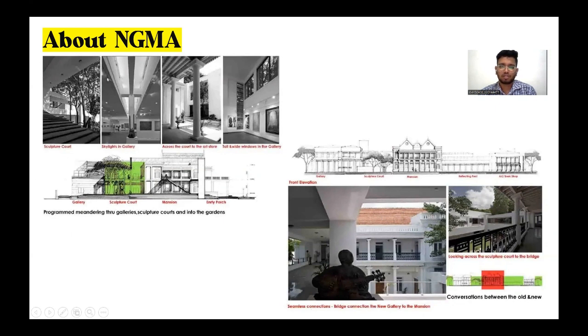There are also many structures: the sculpture court, skylight gallery, access for the court for sculptures, and tall and wide windows of the gallery. Along with the existing architecture, there are many open spaces in the gallery that can also be utilized for the proper function of the gallery.